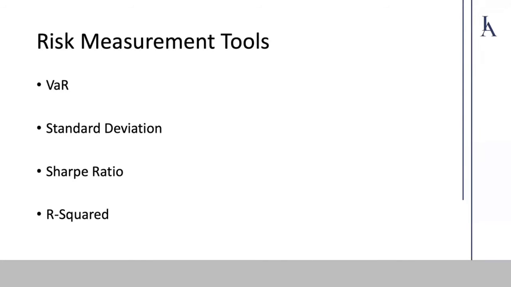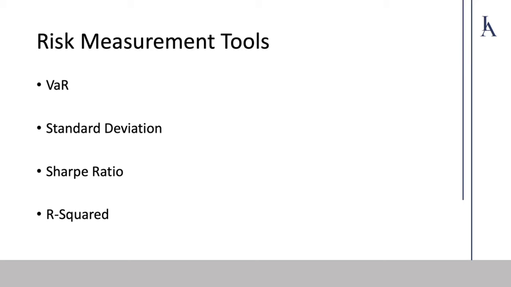Here I made a short list, as I have told you, of the tools that companies use. VAR is the most popular in academia, what we encounter the most. It is a statistical tool used to assess the level of risk associated with a portfolio or a company. It measures the maximum potential loss, with a degree of confidence, for a specified period, for a specified portfolio of the firm.